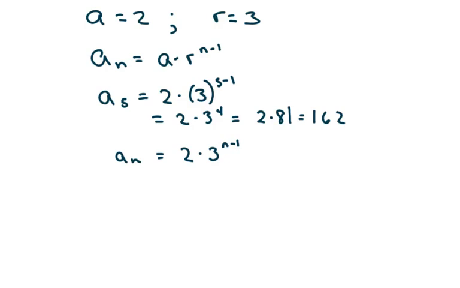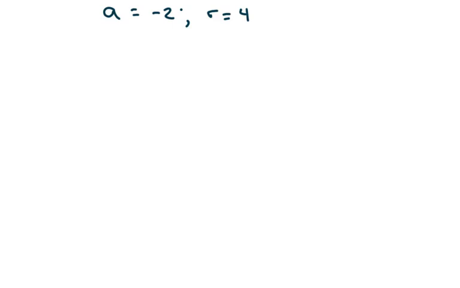And we're going to go a little faster now. So our fifth term is our first term times 4 to the n minus 1. Our n is 5, so that's going to be 5 minus 1.